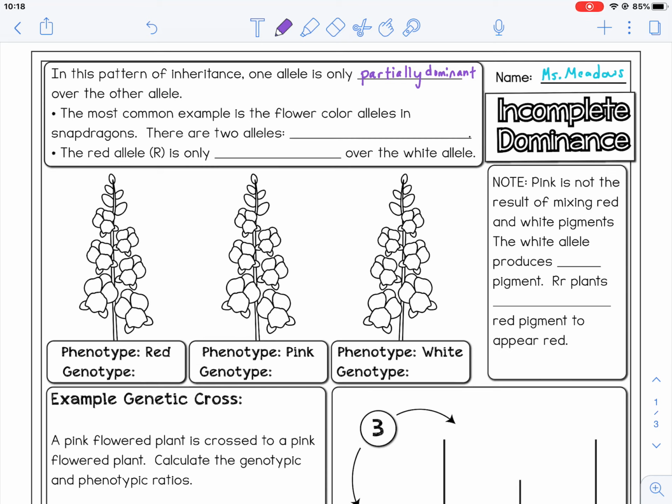The most common example is the flower color alleles in snapdragons.